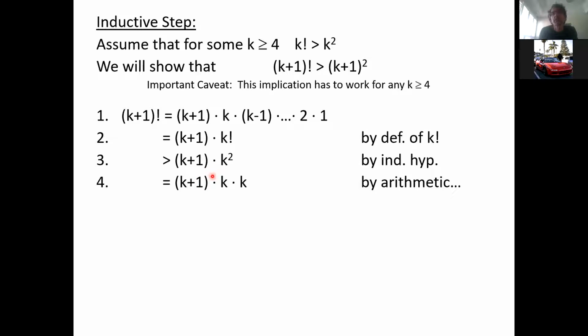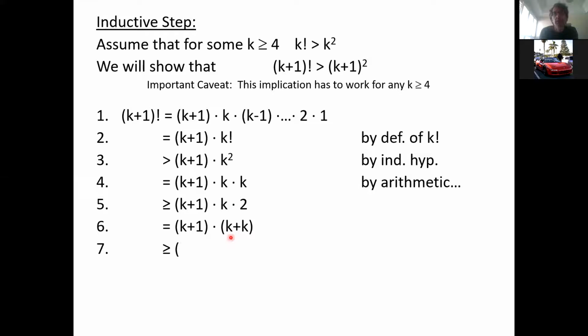So in particular, in order to show that this thing is at least that, I can change this by k times k, and just write this, okay? Well, you know that k is greater or equal to 4, so in particular, k is greater or equal to 2. Okay, it's true. And now 2k is, well, that's k plus k.